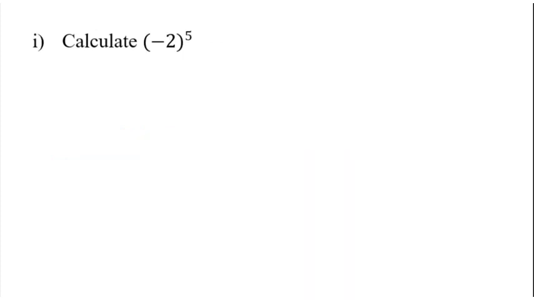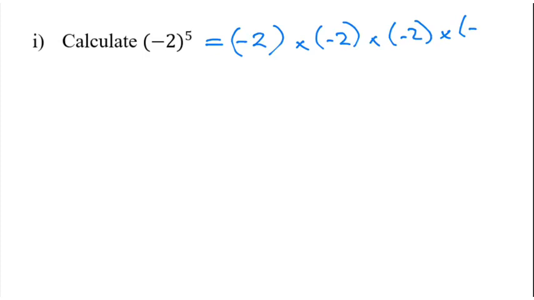And our last one, I. Calculate negative 2 all to the power of 5. This means negative 2 being multiplied by itself 5 times. Now we need to think about what happens with the negative signs. Negative times a negative is positive.